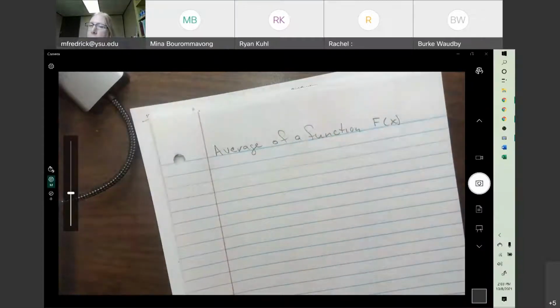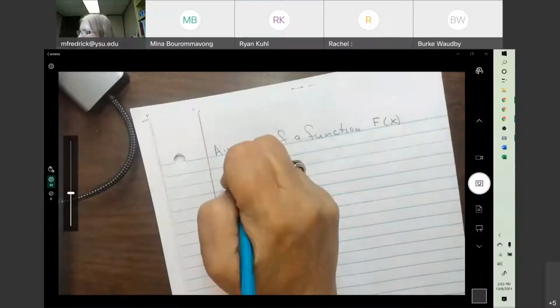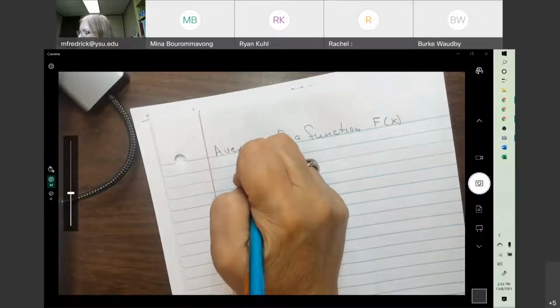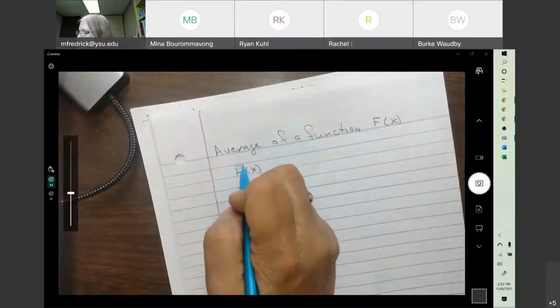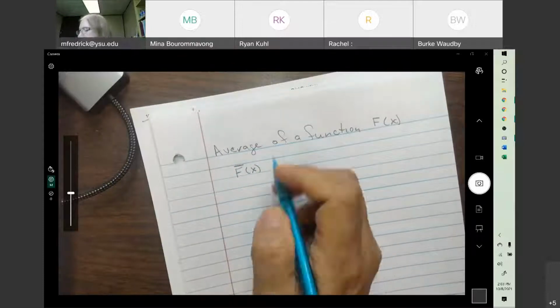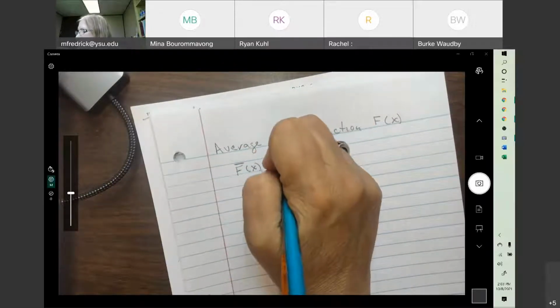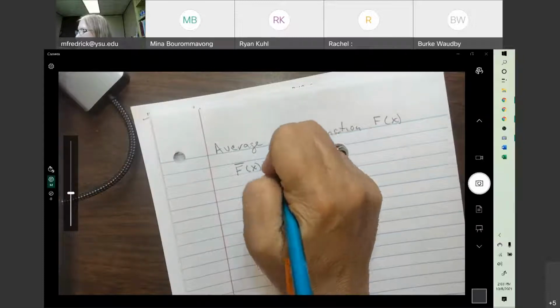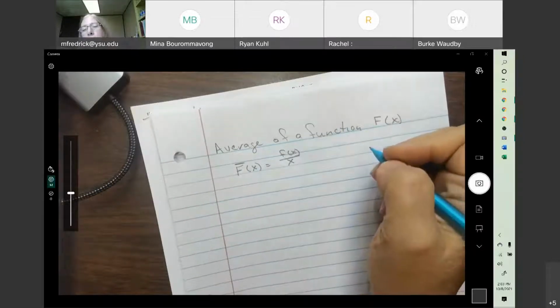So if we have a function f of x, to find its average, for average, they put a bar over top of the variable. And then you just take your function and divide by x.